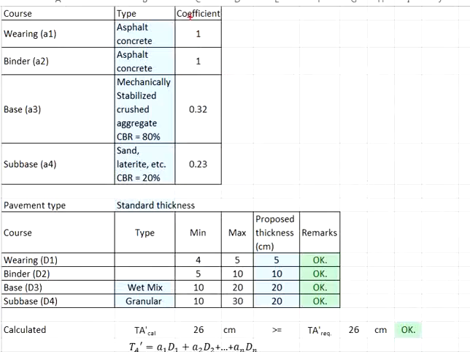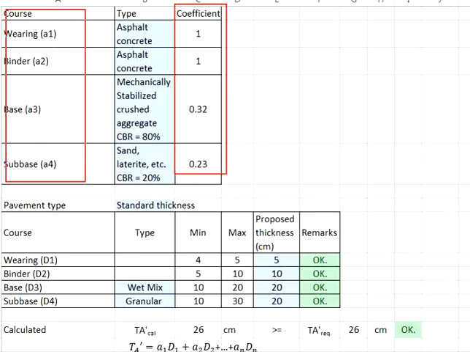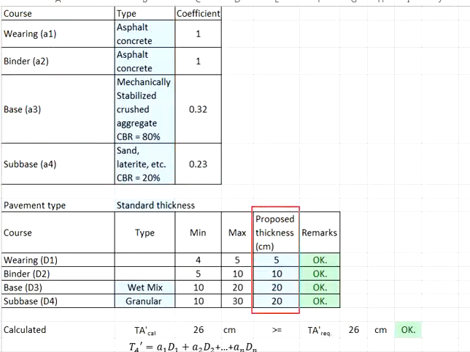Now that you have acquired the structural coefficients for different layers of road pavement, as well as the proposed thickness, use these equations to generate the TA, equivalent thickness.